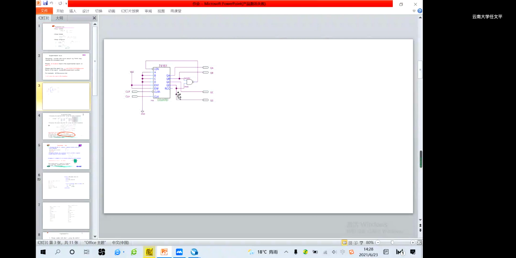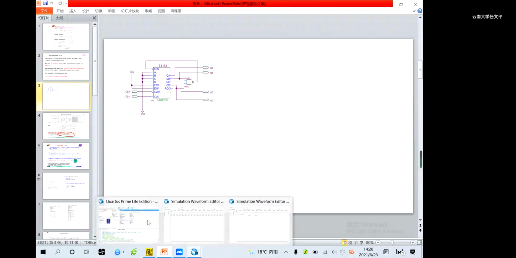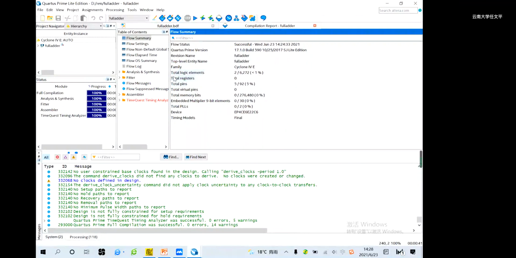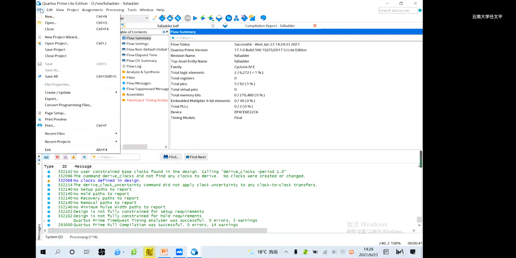The experiment is so easy, but many students don't draw it. I will show the process of designing. Create a new project.